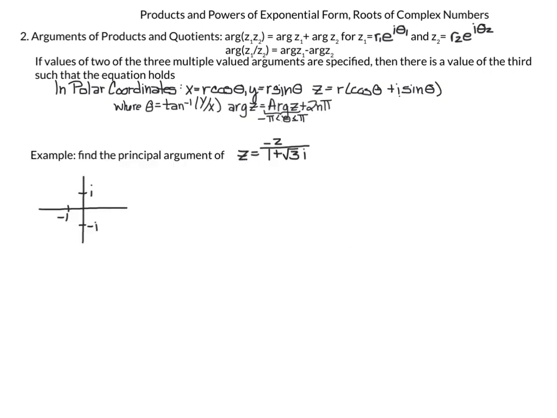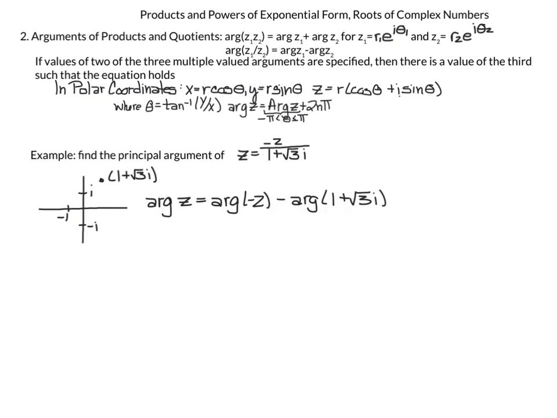So another example: find the principal argument of z equals negative 2 divided by 1 plus square root of 3 i. We want to use these properties of arguments of products and quotients to find the principal argument of this complex number. I started by graphing my 1 plus square root of 3 i. I know what negative 2 looks like, right?